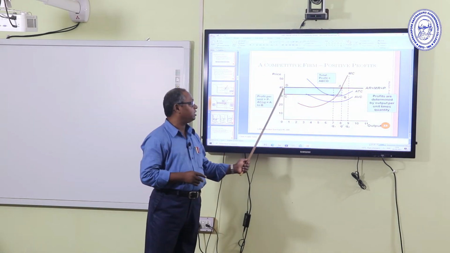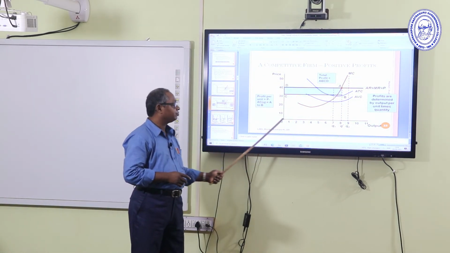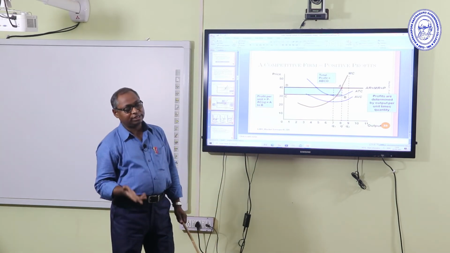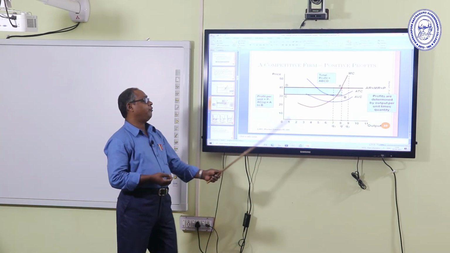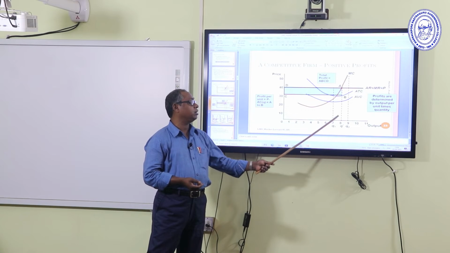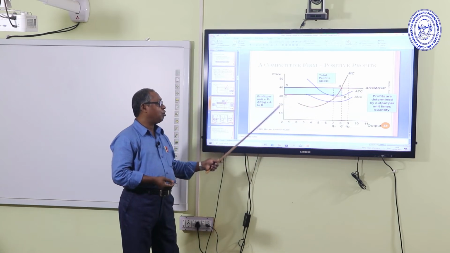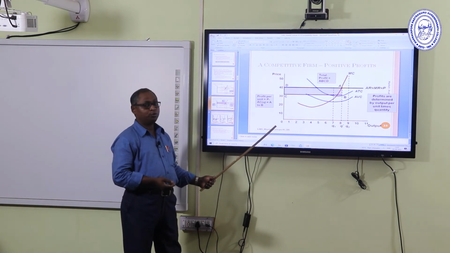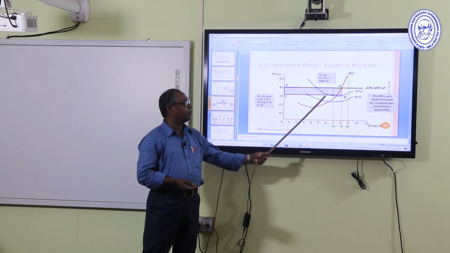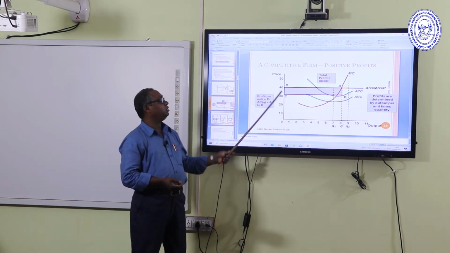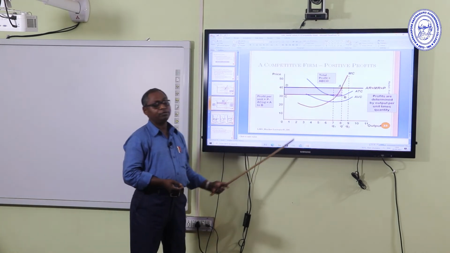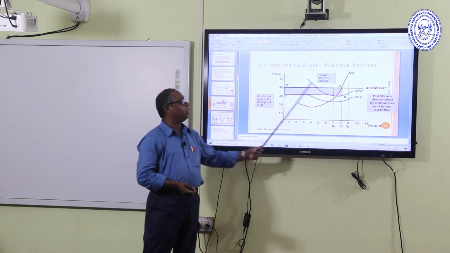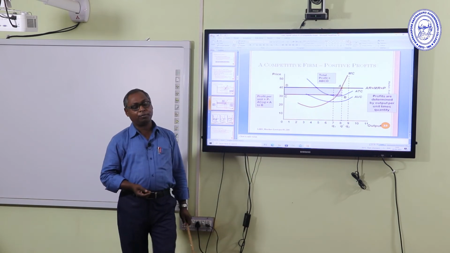So total revenue here is this amount, and for producing this amount of output, the firm will have to incur this amount of cost, which is average cost multiplied by output produced. So this whole area is the amount of cost, and this whole area is the amount of revenue.